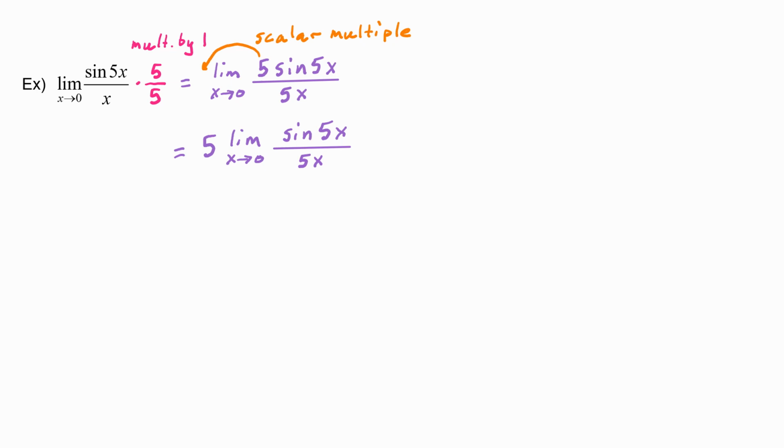So now we are almost there. We have the argument of the trig function matching the denominator. The only thing we need is for the variable of the limit to be the same thing. So all three of these must match. So here's what we can do.